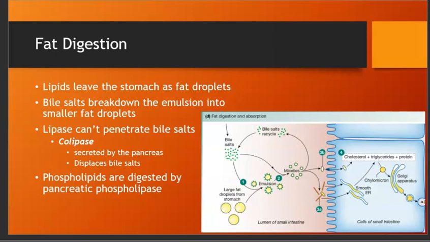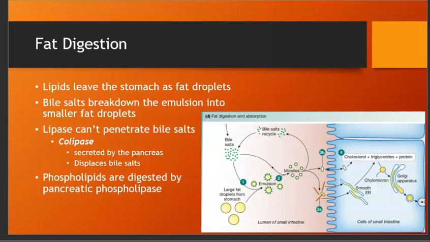Lipids leave the stomach as fat droplets. The bile salts break them down through emulsion, as we talked about. An interesting fact is that lipase is not able to penetrate the bile salts. So once you have your bile salts satelliting, I guess you could say, or satellitism, if you think of that around a fat droplet, then you have lipase that wants to come in and break through.